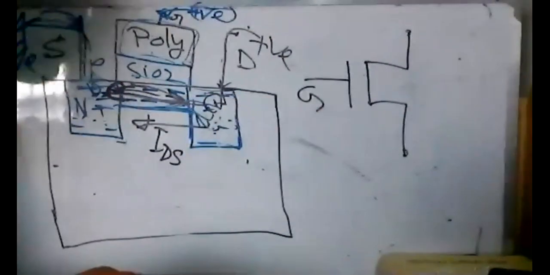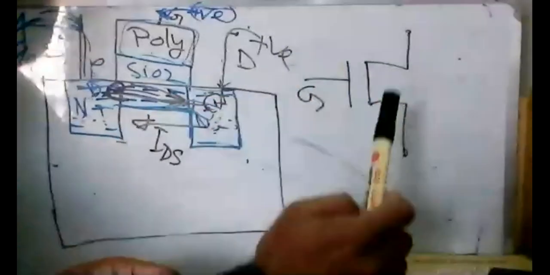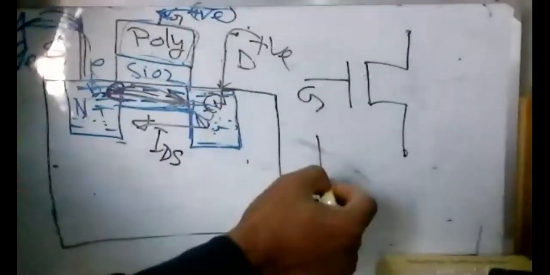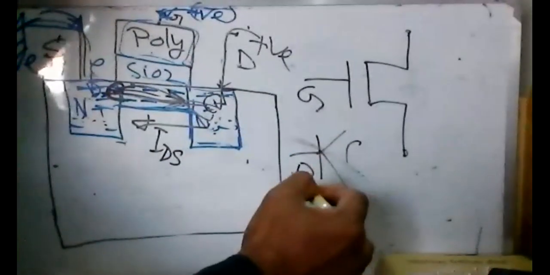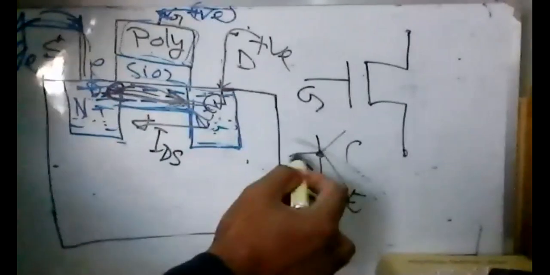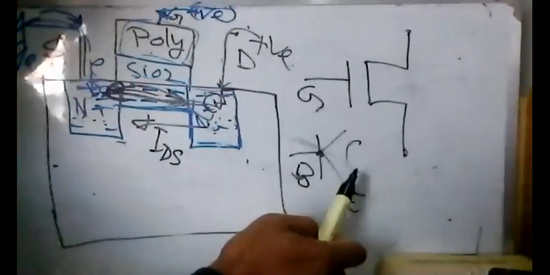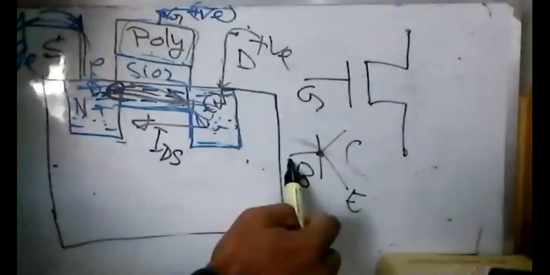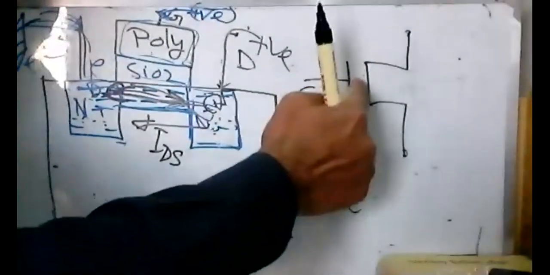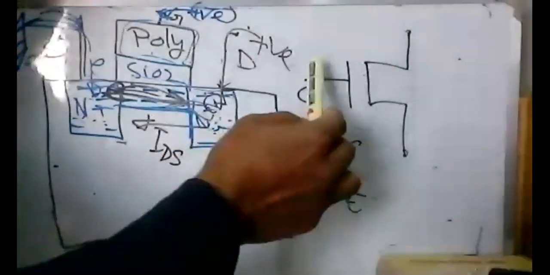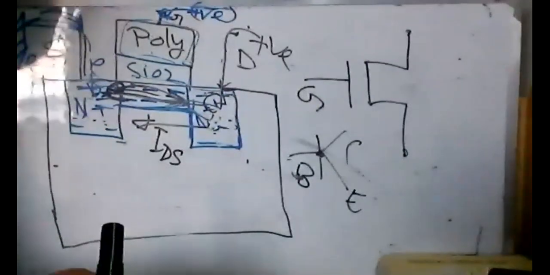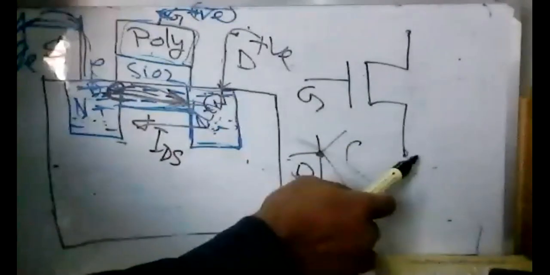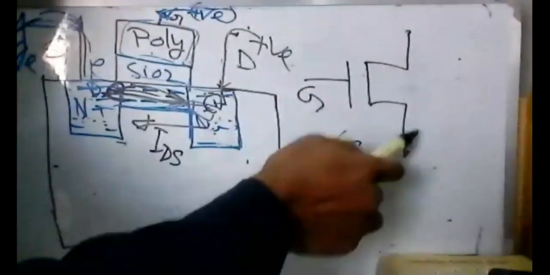This is very similar to the BJT symbol, but in the BJT there is a base, collector and emitter with a connection to the base. Here there is no connection, there is a gap. That is a good thing for the MOSFET, so there is no current loss. There is voltage, but no current is flowing. The current flows between source and drain.